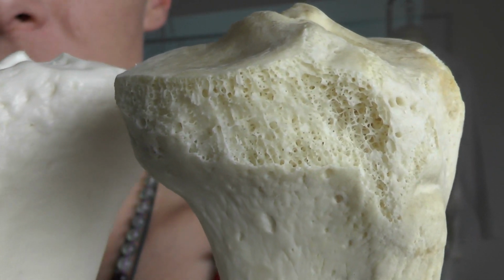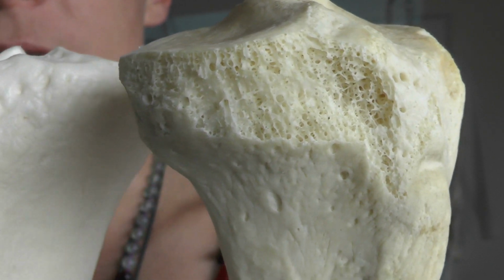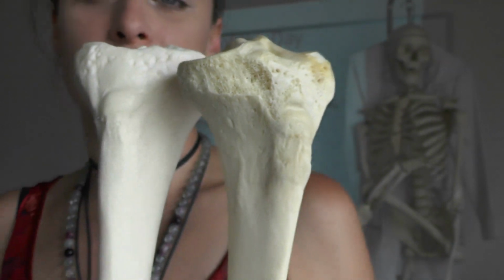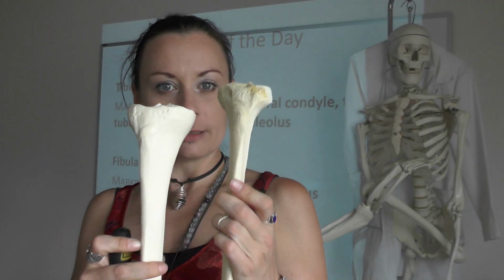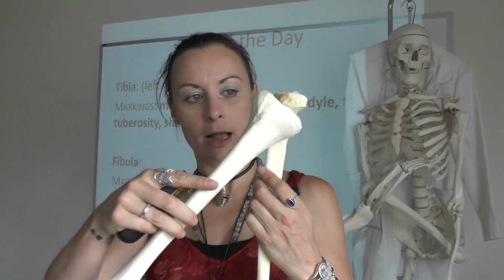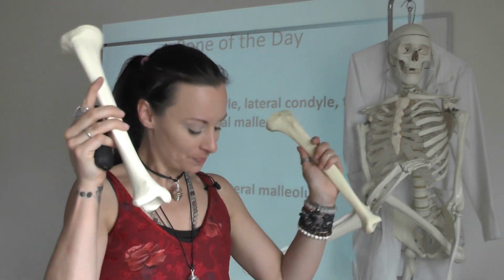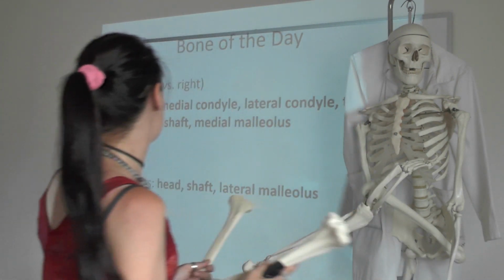It's called spongy bone because the little subunits, called trabeculae, make it look like a sponge. Spongy bone lightens the weight of the bone without compromising strength, because we can still pack compact bone on the outside and get all of the strength that osseous tissue has to provide. Pretty awesome. So that's your tibia.